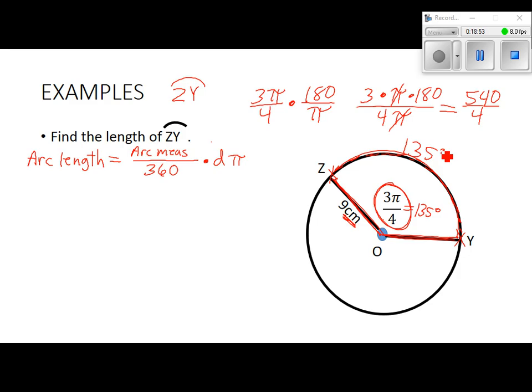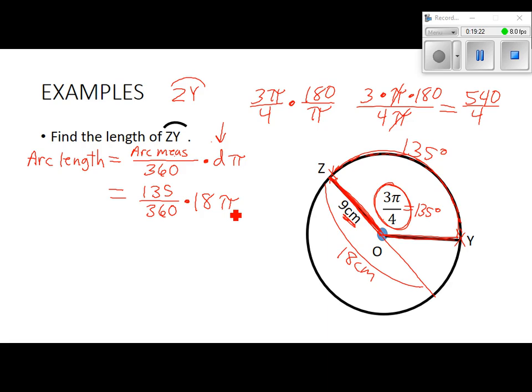And then if we want to find the arc length here, we know the arc measure now is 135 divided by 360 times, we need the diameter. Well, they tell us the radius is 9 centimeters, so all the way across the circle is going to have to be 18 centimeters. So diameter is 18 times pi.